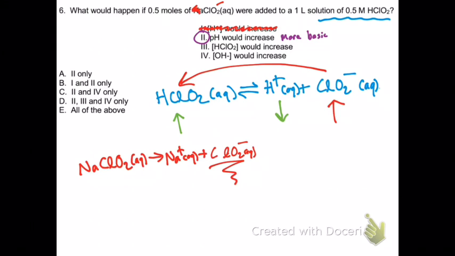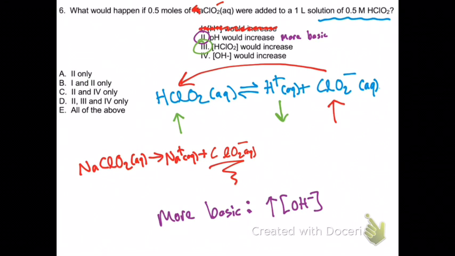So we're going to count this, and it says the OH minus concentration would increase. So if the solution is becoming more basic, which we've established it is, that means, by definition, that we must be getting an increase in hydroxide in our aqueous solution. So 4 is also indeed true. So 2, 3, and 4 are all true.